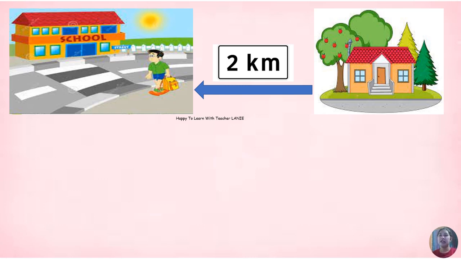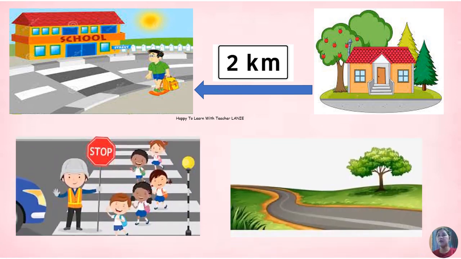This may not validate that you spend less time going to school than going to church, which is far apart from the school. There are factors to be considered, like traffic or a winding road, that can affect your travel time.